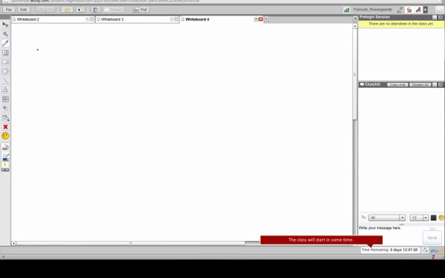Before I start, I go back to this Cartesian representation.